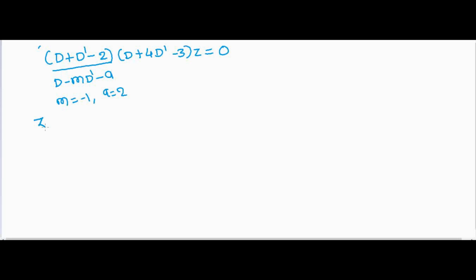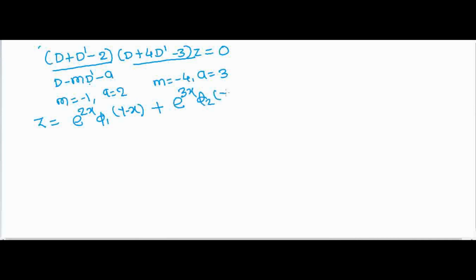So the solution will contain the first term e^(2x) φ1(y − x). Now comparing the second factor, we get m = −4 and a = 3. Then the other term added in the solution will be e^(3x) φ2(y − 4x). This is the solution.